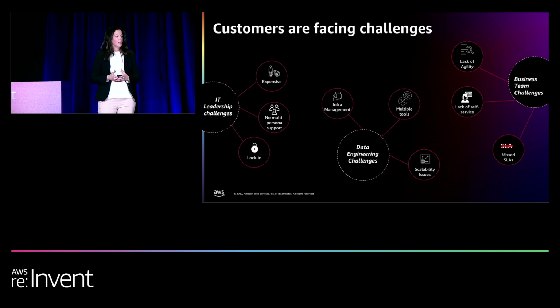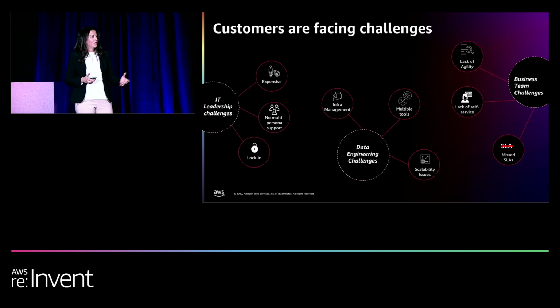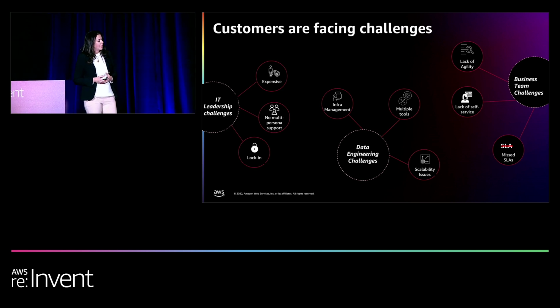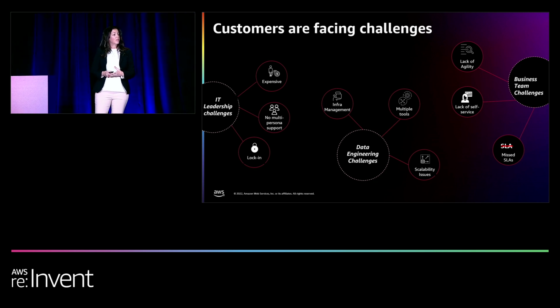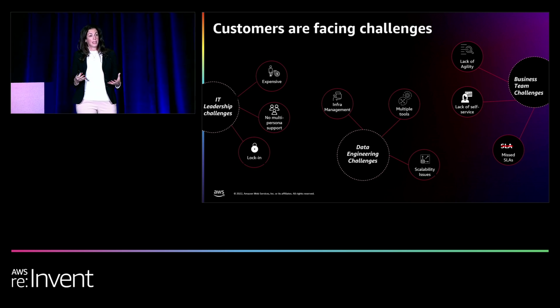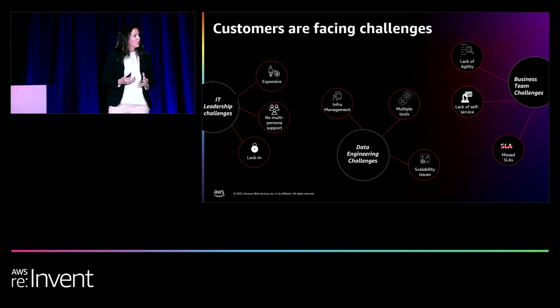Customers often find that when a pipeline is messed up, you can no longer use the model or the dashboard. And when it comes to data engineers themselves these days, they have a lot of infrastructure management to handle. They need to find a way to scale their systems. We've seen tremendous growth in data ever since COVID started, and companies and data engineers needed to cope with that. They also need to move around multiple tools to achieve that.